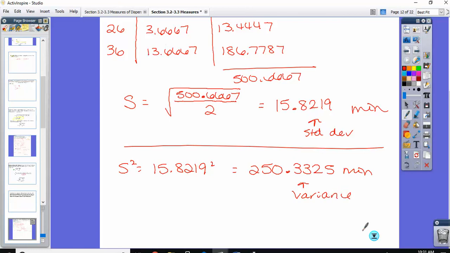So variance is just standard deviation squared. Same thing for population or sample. Questions there?